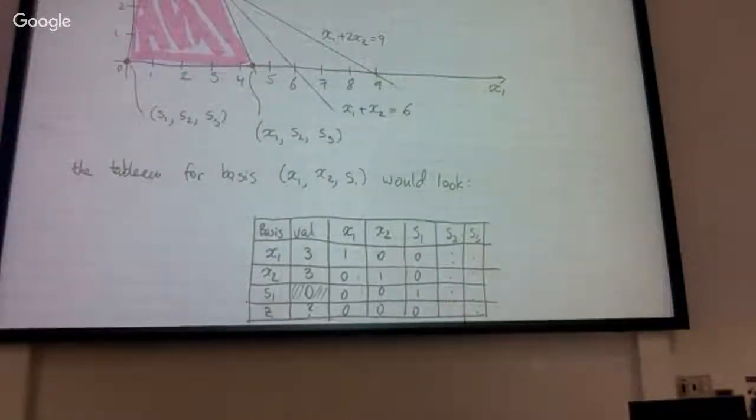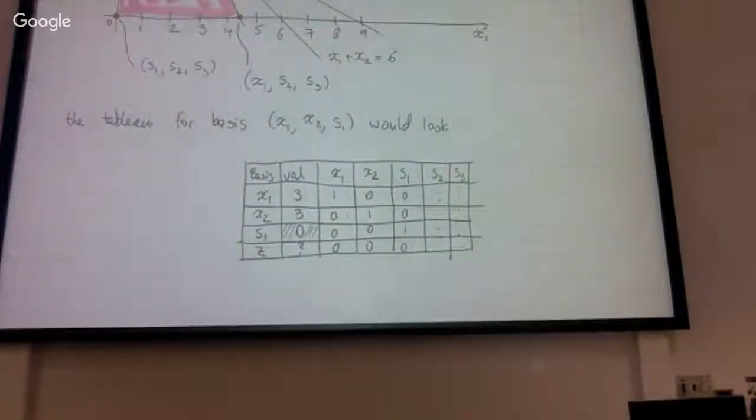So this is the second kind of degeneracy. The first kind of degeneracy was when we had a simplex tableau where there was a 0 in the objective row in a non-basic variable column. And the second sort of degeneracy is where we have a 0 as the value of a basic variable in the basic feasible solution.